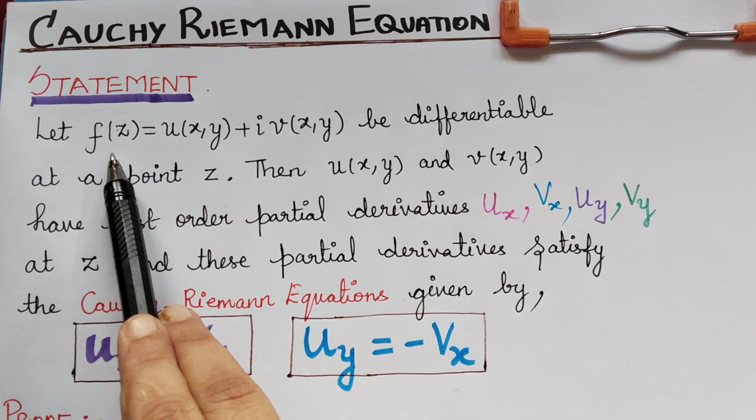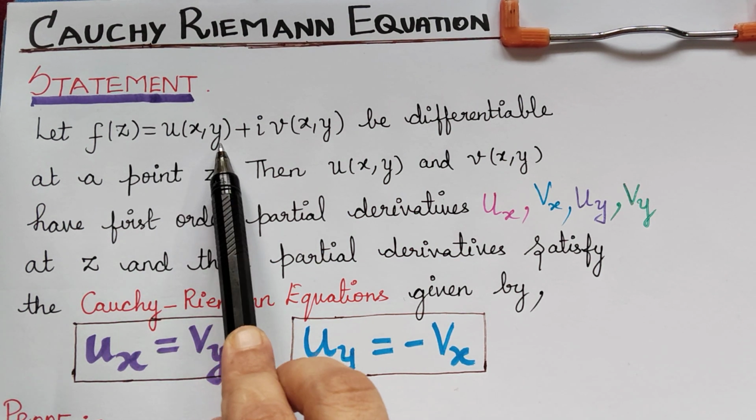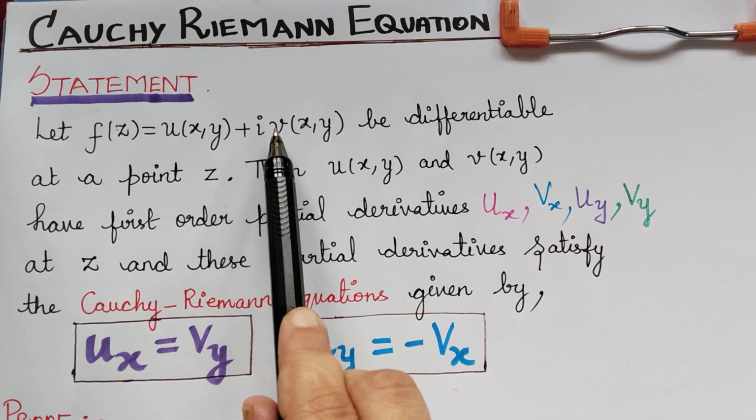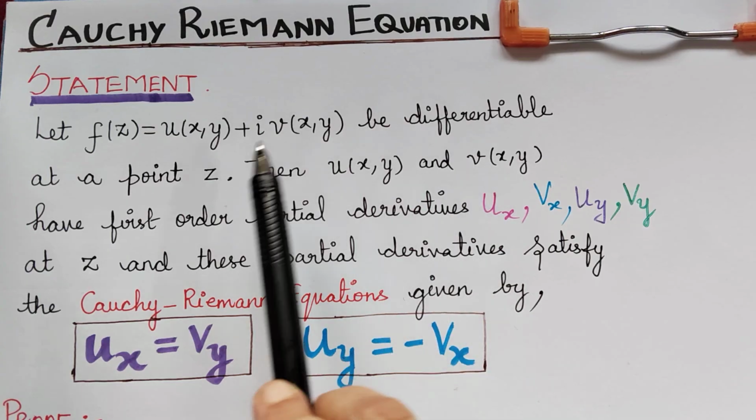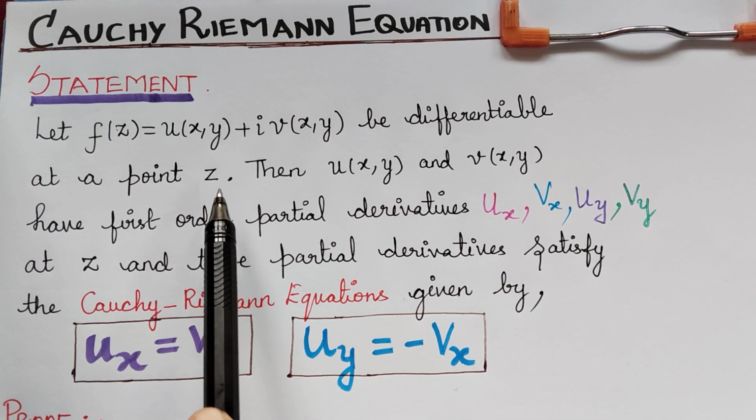Let f of z is equal to u of x comma y plus i multiplied with v of x comma y be a differentiable function at a point z.